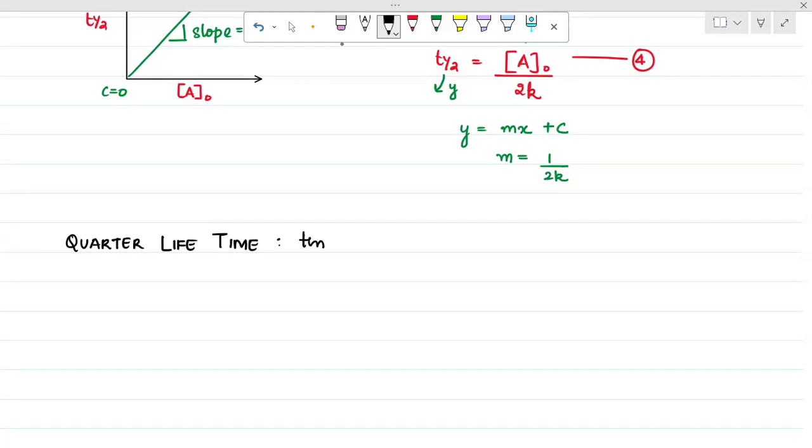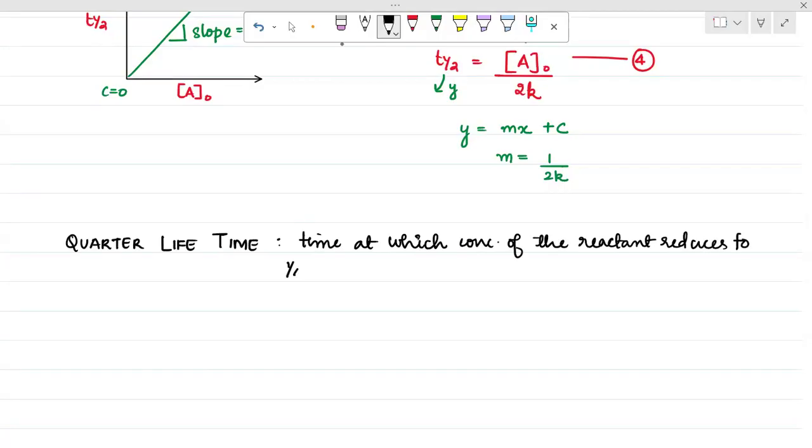Time at which concentration of the reactant reduces to 1 by 4th of the initial amount.